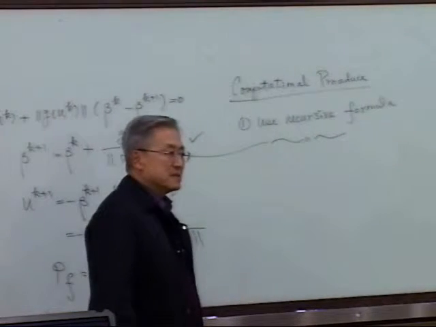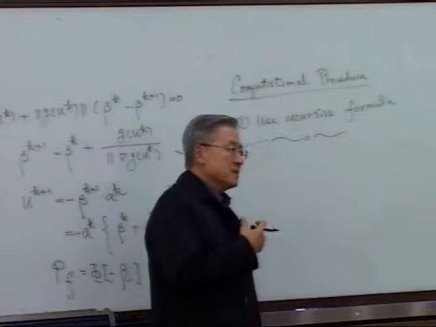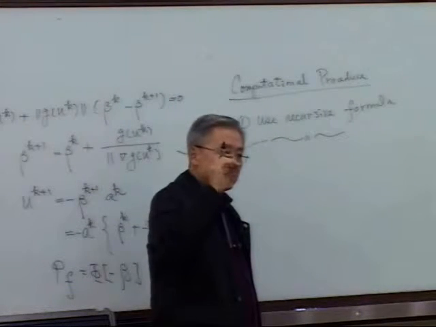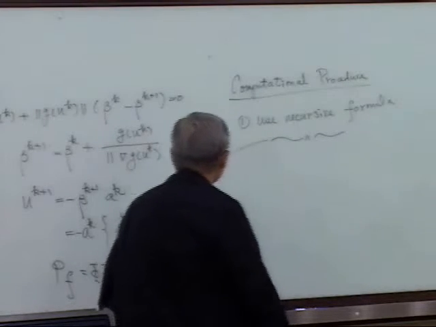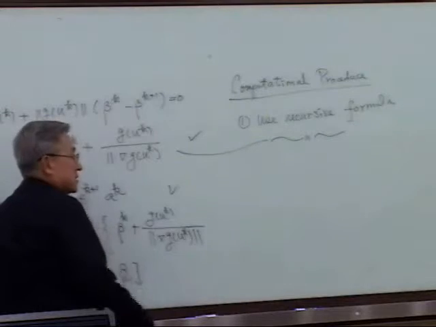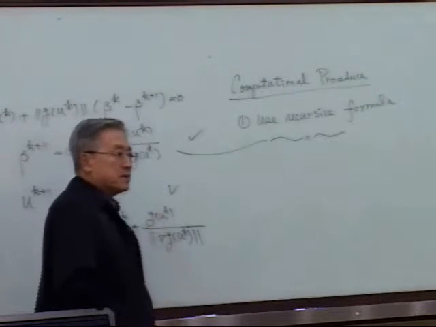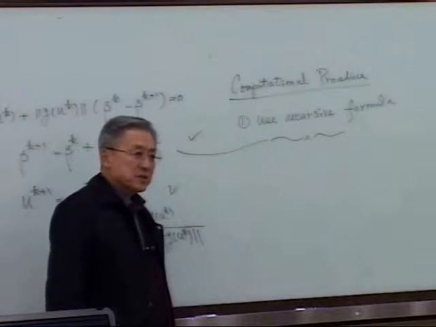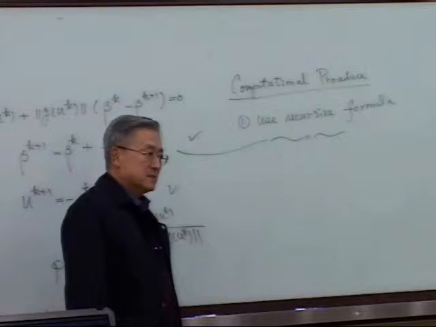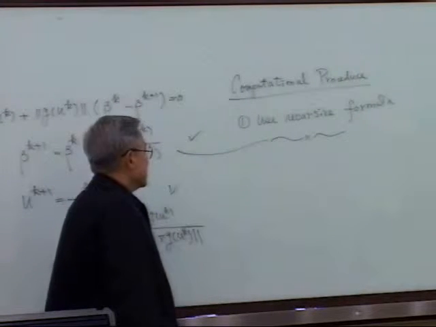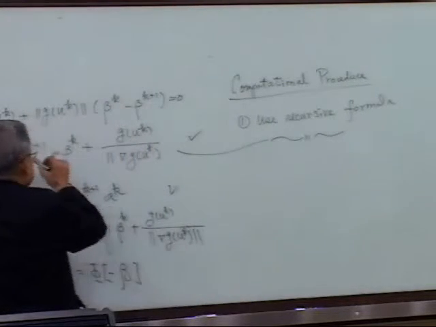What is beta? Beta is the norm, the distance between the origin and the MP point. Every time you have to update beta because the length keeps changing. We are looking for the minimum length. So beta is the norm of u_{k+1}.